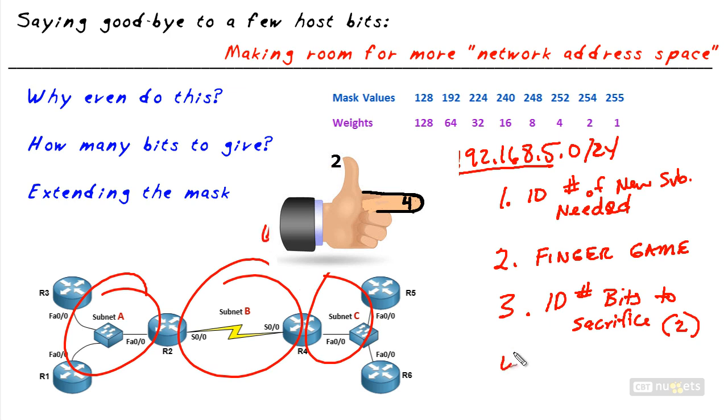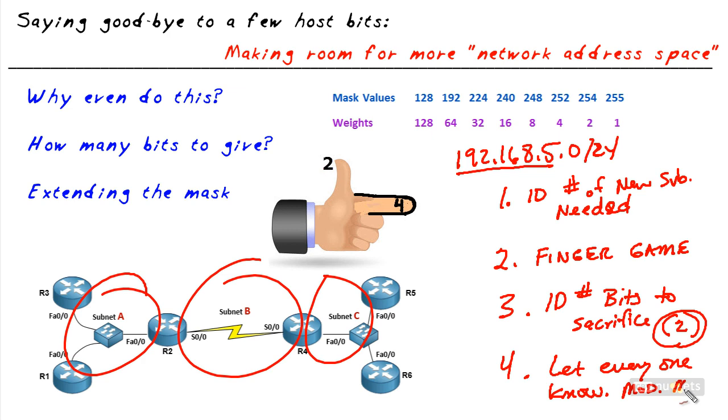And the 4th step, and this is the most important, is that we are going to modify the mask. For this network at the moment, the mask is only claiming the first 3 octets, the first 24 bits of the IP address space.